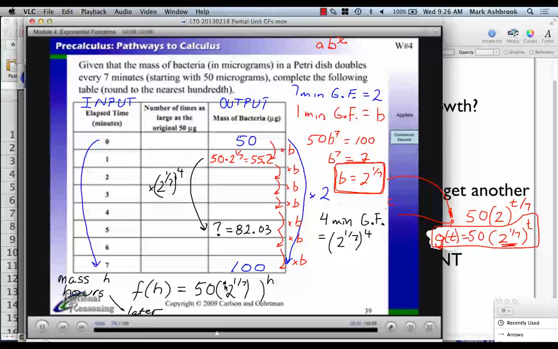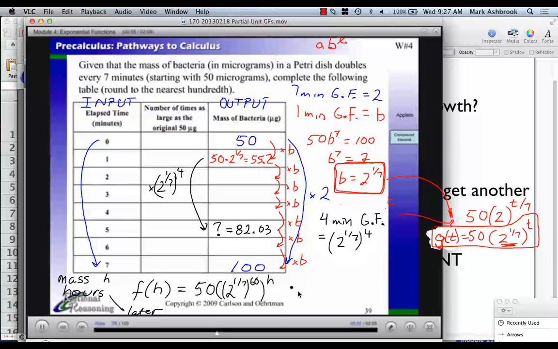So we need to do the math h hours later. We need the 1 hour growth factor, and 1 hour is the same as 60 minutes. So to get the 1 hour growth factor, you take the 1 minute growth factor and raise it to the 60. That's the main point.